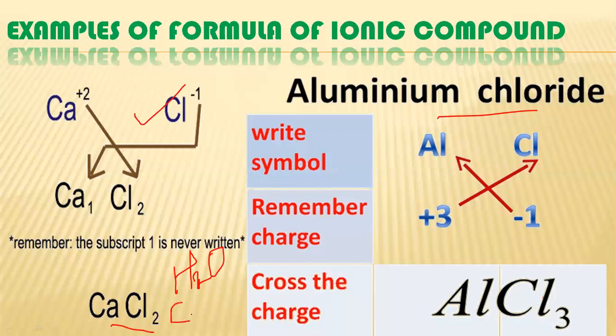And this can be C12H22O11. Because this is a long one, we cannot remember its name, so we write C12H22O11. That is the formula of sucrose, the sugar which we eat.